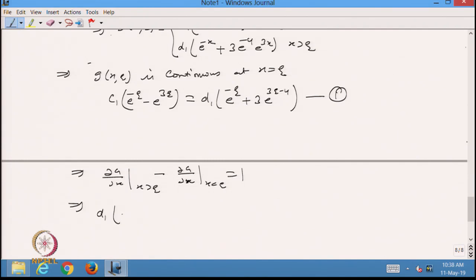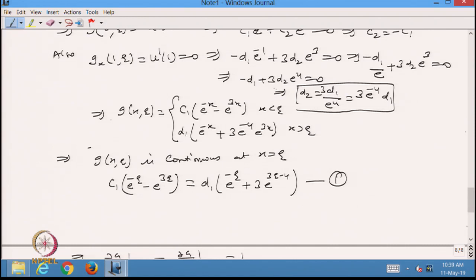d1 minus e minus xi plus 3 into 3 9. So, this one I can find out. So, my d2 will be 1 by 3. So, this should be 3 instead of this one, because this will go down and then it will be 1 by 3. Okay.